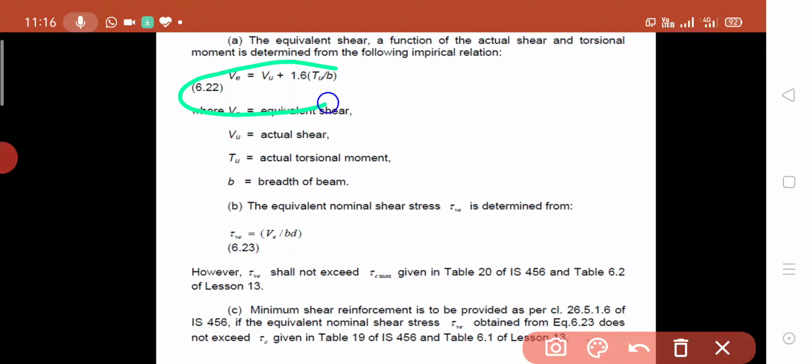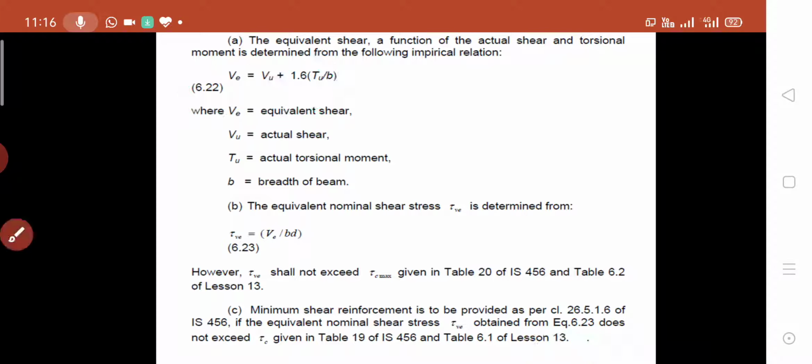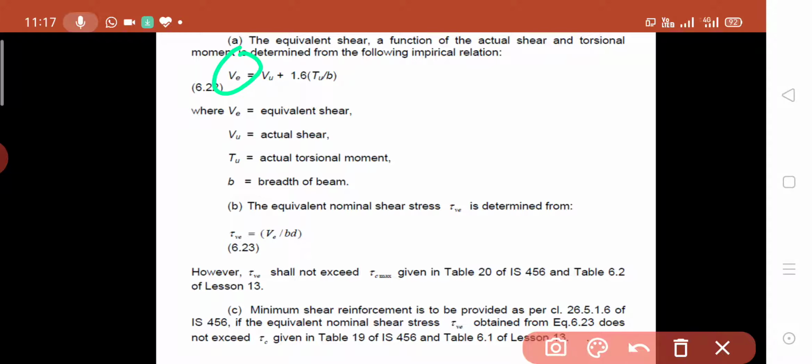This is the formula for equivalent shear, which is VE equal to VU plus 1.6 into TU upon B, where VE is the equivalent shear, VU is the actual shear, and TU is the actual torsional moment, and B is the width of the beam.